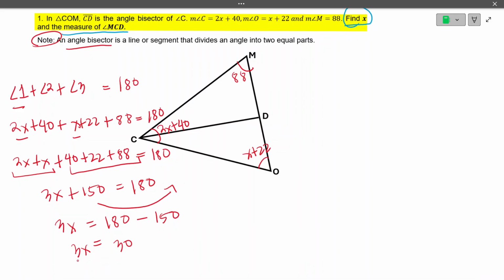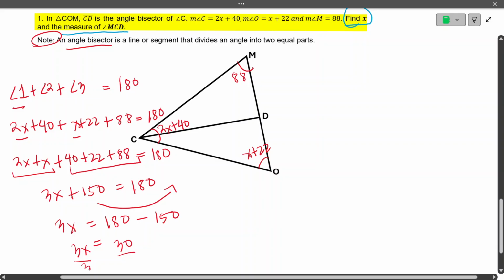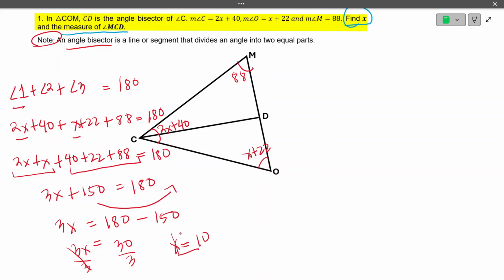Now, to isolate x, what shall we do? We divide both sides by 3 to cancel out 3. So our x is 10. Now we found x. Our x is just 10.